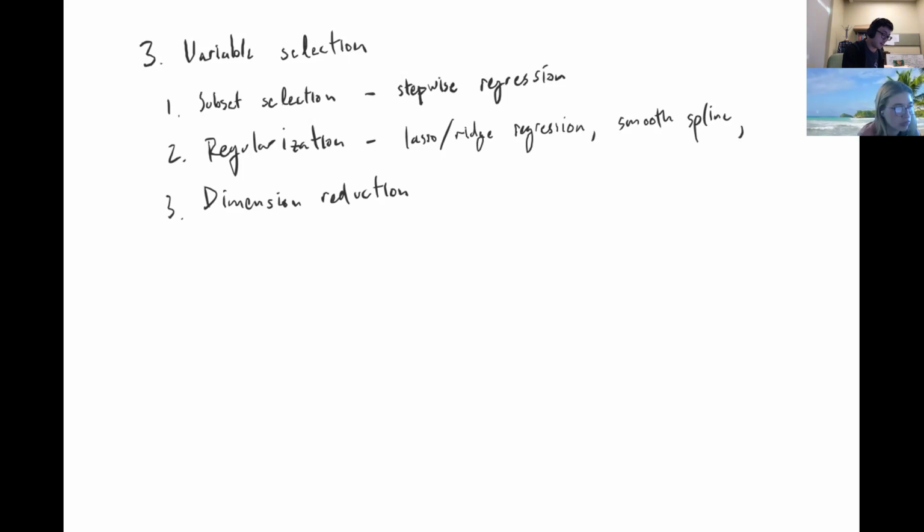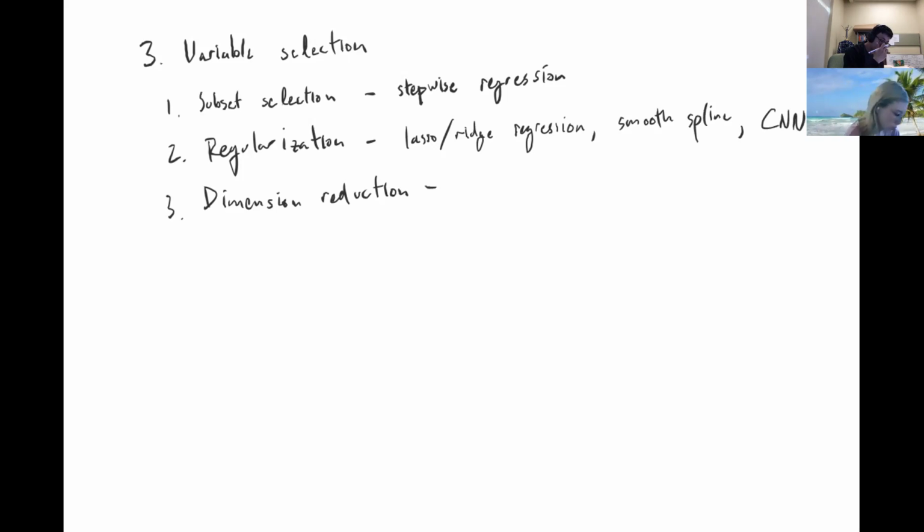What else do we have? In the last class, when we talked about convolutional neural networks, that is essentially also a form of regularization.